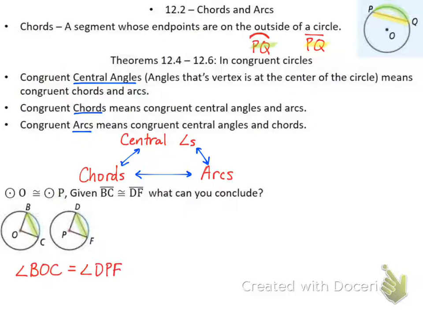And again, central angles are the angles in the middle, central. And then the arcs have to be equal to each other as well. These arcs right here, BC and DF, are the arcs that go with that chord. So I know that arc BC is equal to arc DF. Okay, so those three things go together. They're interchangeable. Given the central angle, you have the other two.